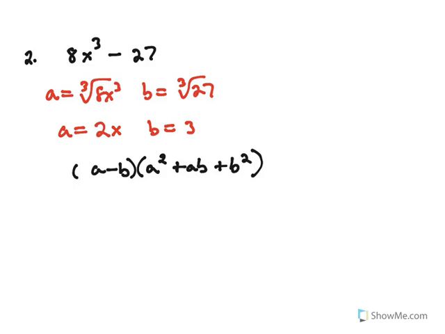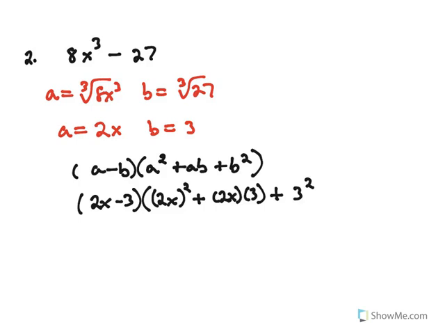Okay, now plug everything in. a is going to be 2x, b is going to be 3. a squared is going to be 2x to the second power, just so you know what I'm doing. Plus a times b, which is 2x times 3, plus b squared, which is 3 to the second power.